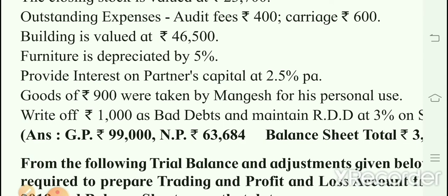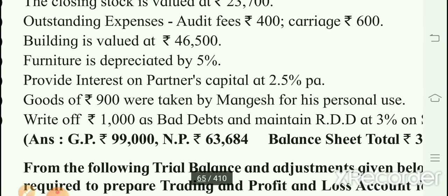Now see the effects. First, the partners are getting interest on their capital, which means it is their income. It is the income of partners. We will record it through the partners' current account. Earlier also I said, if we are adding something to the capitals of partners, we will credit that amount to the partners' current account. So we are adding the interest to the partners' capital. So write it on the credit side of the partners' current account by profit and loss account, and in brackets interest on capital.